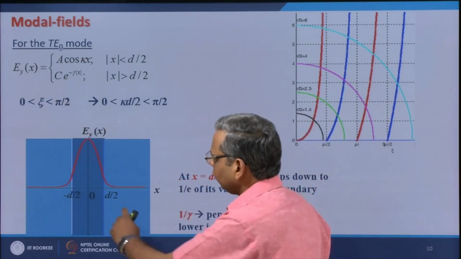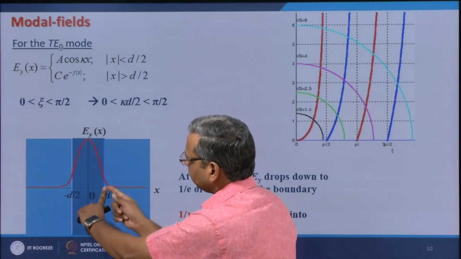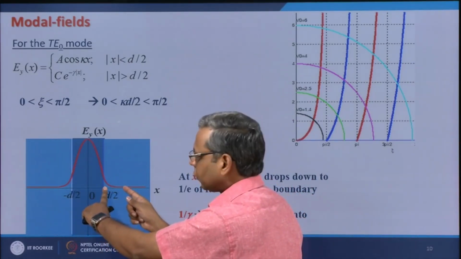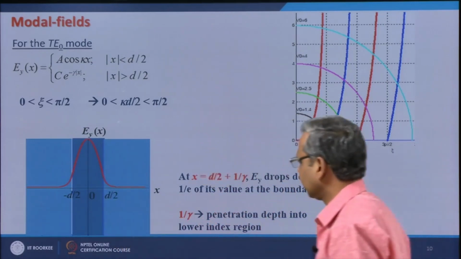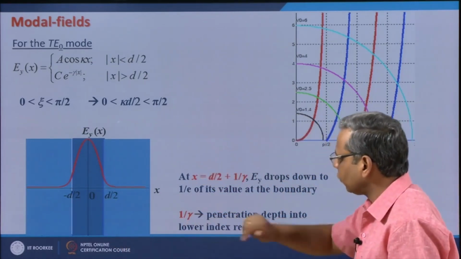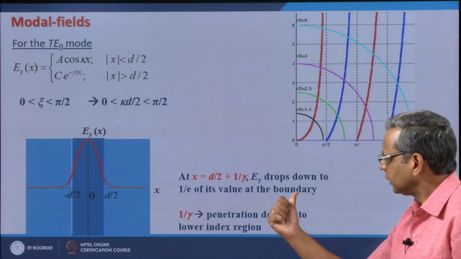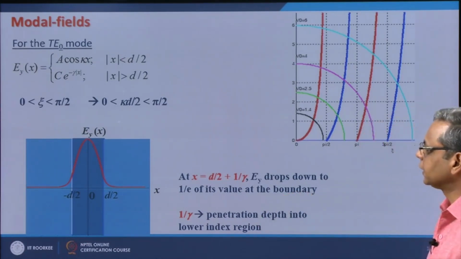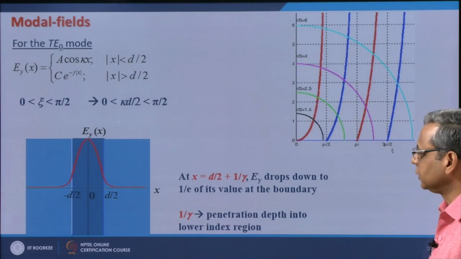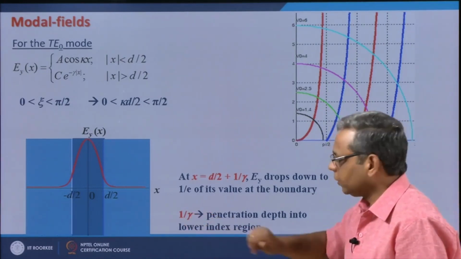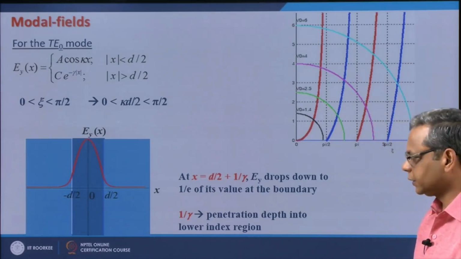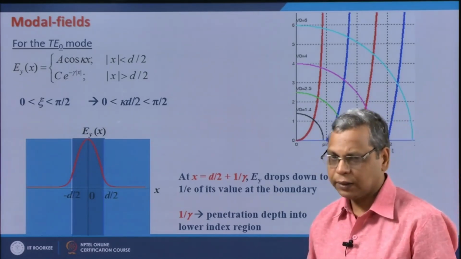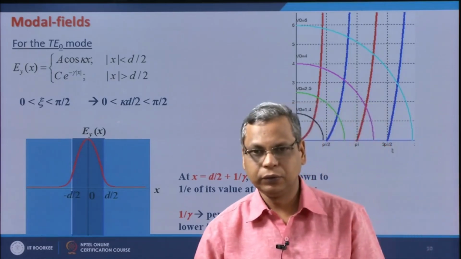So, if I start from the boundary and move a distance 1 over gamma, then the field will decay to 1 over e of its value at the boundary. This is how I can quantify the distance up to which this field extends into the lower index region. It is defined by 1 over gamma, and it is known as the penetration depth into the lower index region.